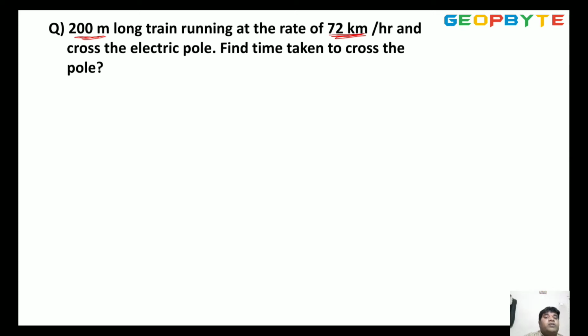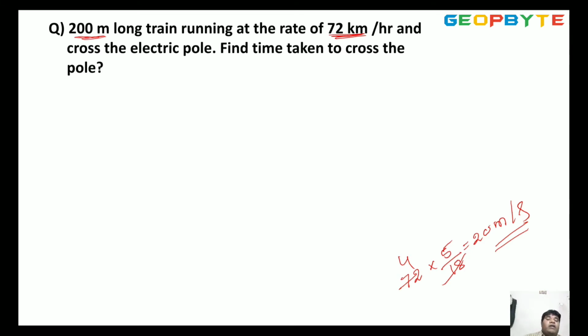Speed compulsorily should be changed into meters per second. Already in Time and Distance part 1 we converted. Once again, look at 72 into 5 by 18. Convert into meters per second. 18 fours are 72, 4 fives, 20 meters per second speed.